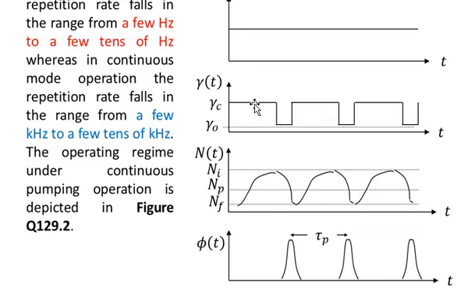You see that when the switch is closed, that is, in the region of gamma C, the inversion increases from its initial value Nf, that is, the final value of the inversion when it falls. So Nf is the minimum value, and then the inversion increases to its maximum value, which is the Ni value.